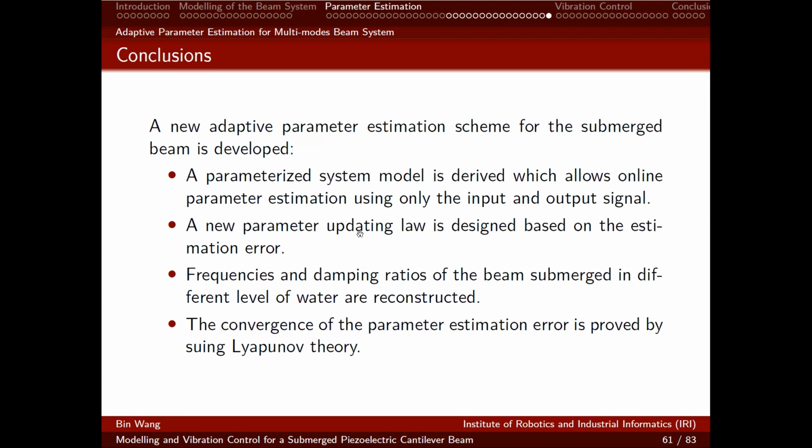A new parameter updating law is designed based on the estimation error. In this framework, frequencies and damping ratios of the beam system can be reconstructed. And the convergence of the parameter estimation error is proved by using Lyapunov theory.